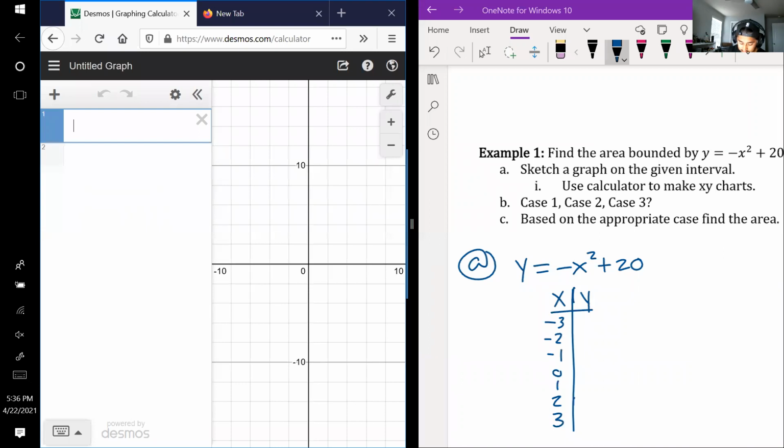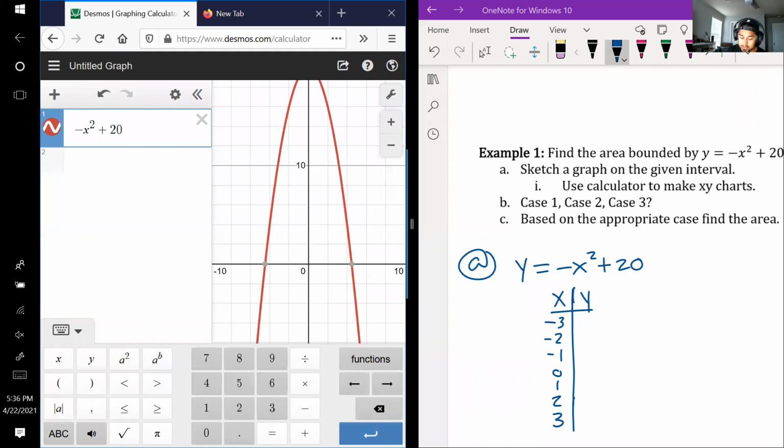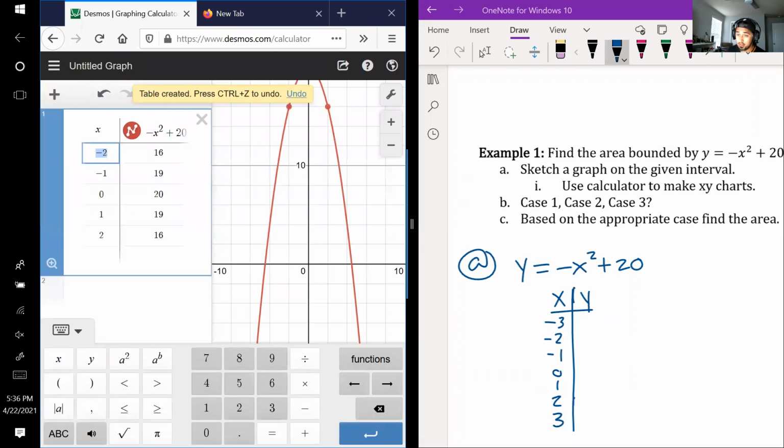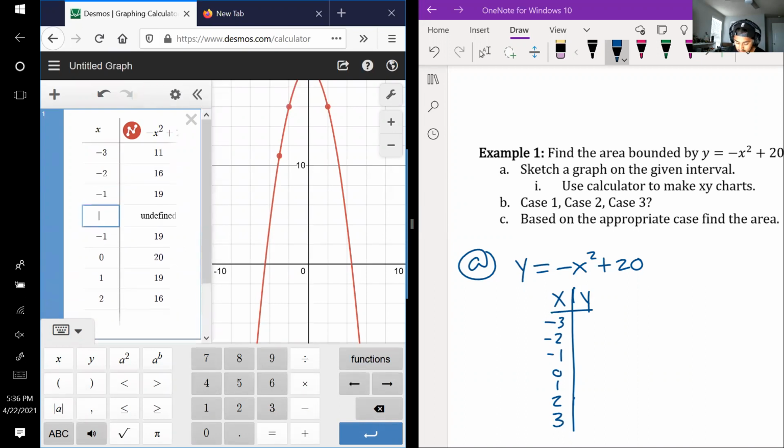I'm going to type in this function, negative x squared plus 20. I'm going to use the XY chart feature. And here we'll enter in our values, -3, -2, -1, 0, 1, 2, and 3.